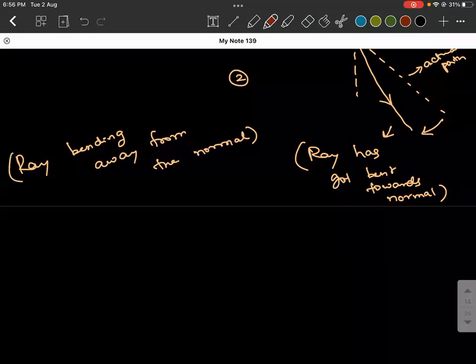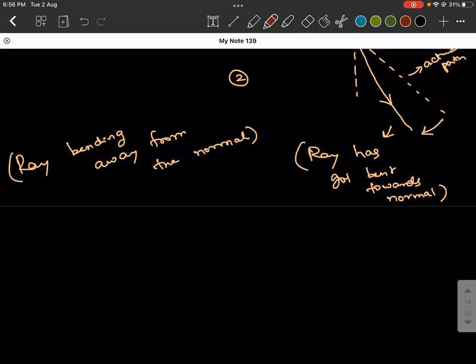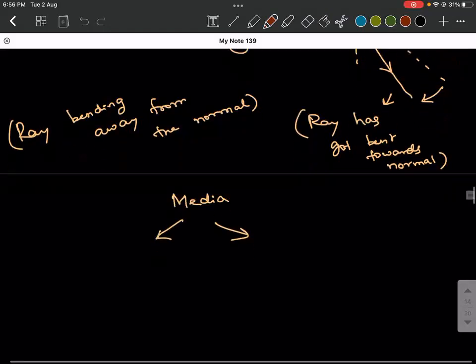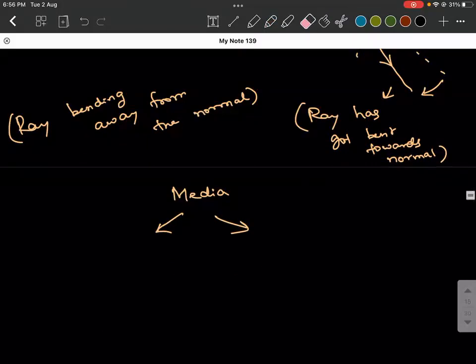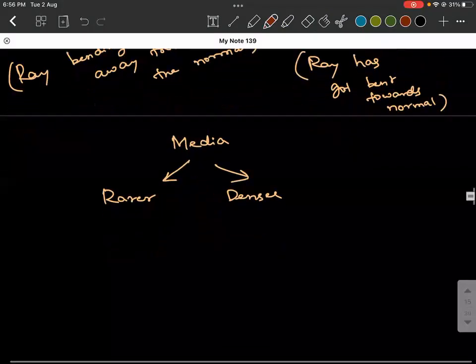Okay, for this, what we can do is we need to understand the different kinds of media that are present. When I talk about the different kinds of media, they are classified as rarer and denser. So you have a rarer medium and a denser medium. So what does a rarer medium mean?